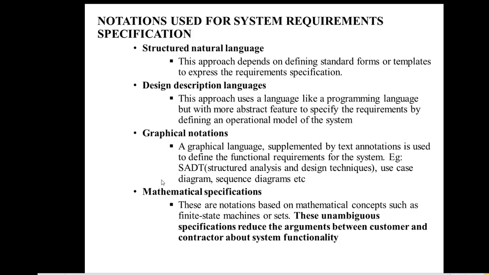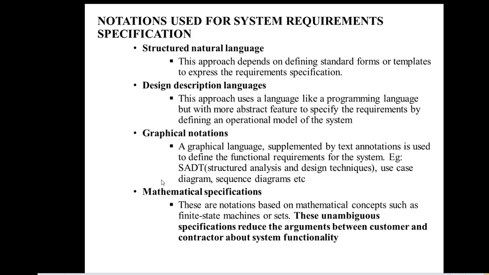Here we are using a programming language to define your requirement. Next one is graphical notation. We are using graphical notation to define your system requirement. For example, we are using text annotation to define the functional requirement.